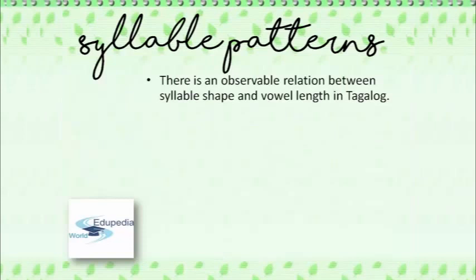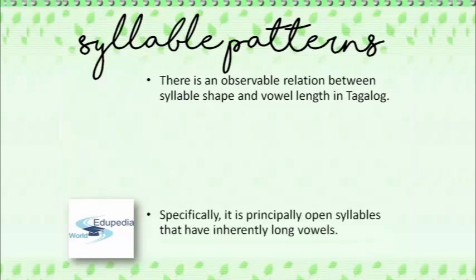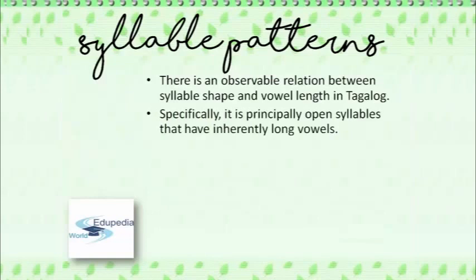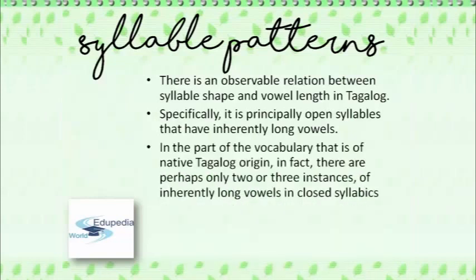There is an observable relation between syllable shape and vowel length in Tagalog. Specifically, it is principally open syllables that have inherently long vowels. In the part of the vocabulary that is of native Tagalog origin, in fact, there are perhaps only two or three instances of inherently long vowels in closed syllabics.